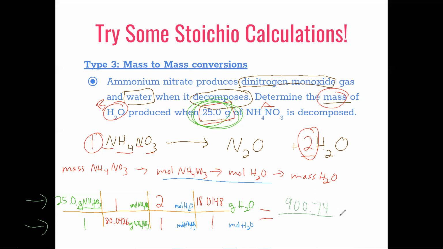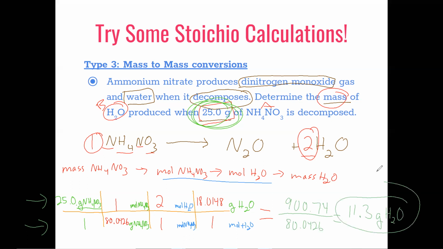And then on the bottom, we're going to do 1 times 80.0426 times 1 times 1. So that is quite literally going to say the exact same number. And we are going to divide those two, that 900.74 divided by 80.0426. And that is going to give us 11.3. So remember, this is in grams, and it is in grams of water.